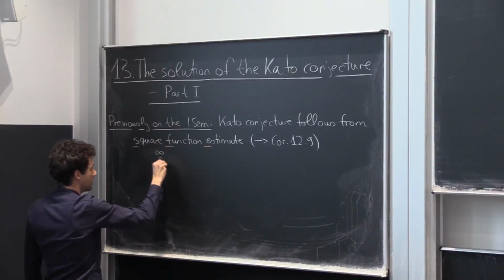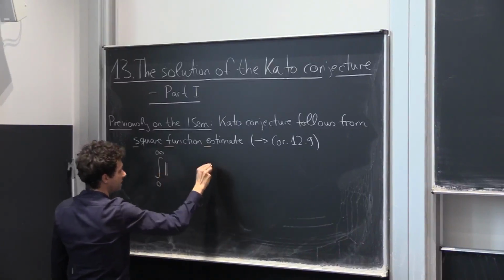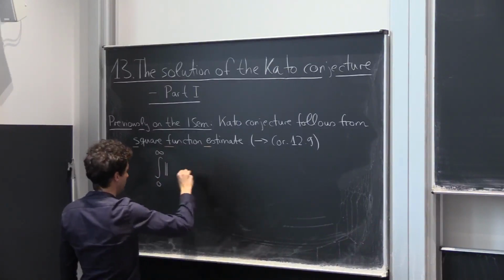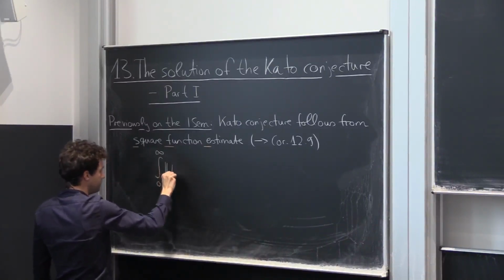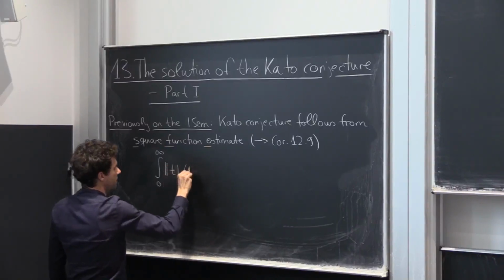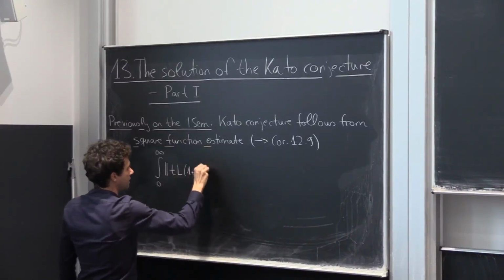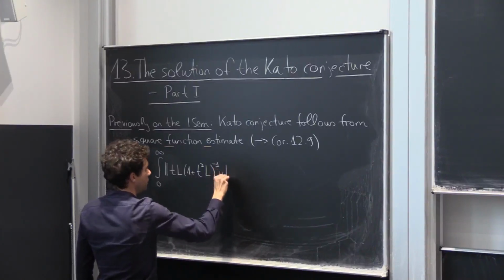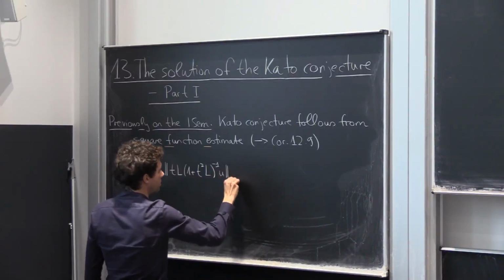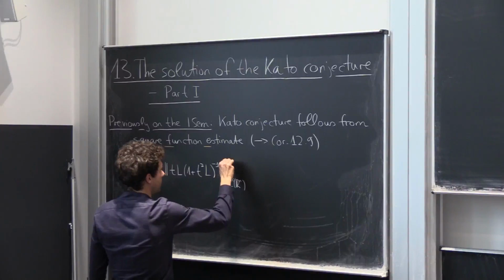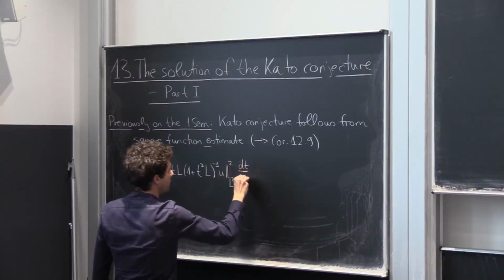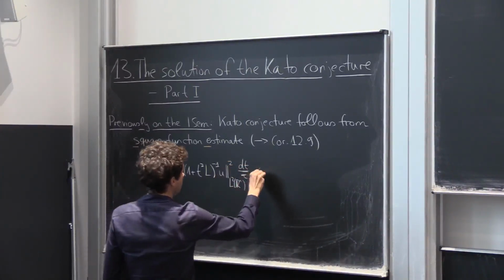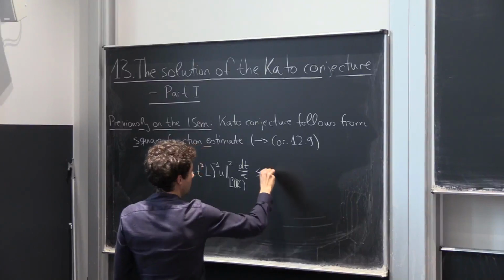It's a square function, meaning there's a quadratic integral, some quantity is squared, and you integrate dt over t. The precise quantity here is TL times (t squared L) to the minus 1 of u. You take L2 norms on Rn, you square that, you integrate dt over t, and you seek control by an L2 norm.